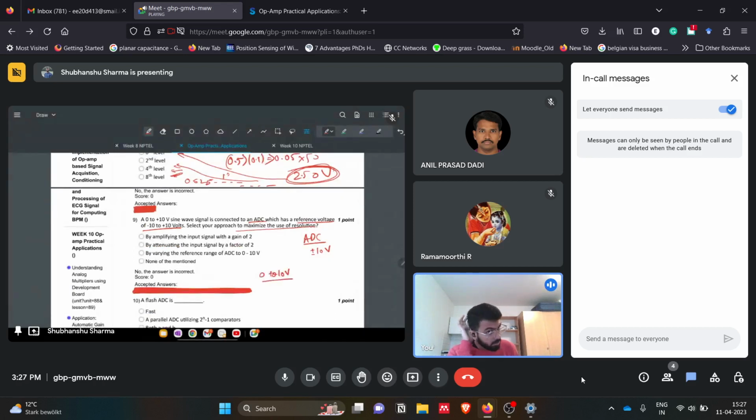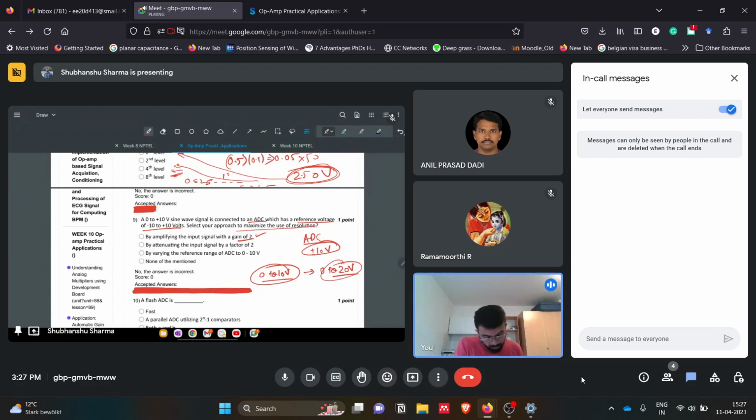If we increase the gain of this, it will make the signal 0 to 20 volts, but our ADC can read only till 10 volts. So it will be an issue for this ADC to read this signal.